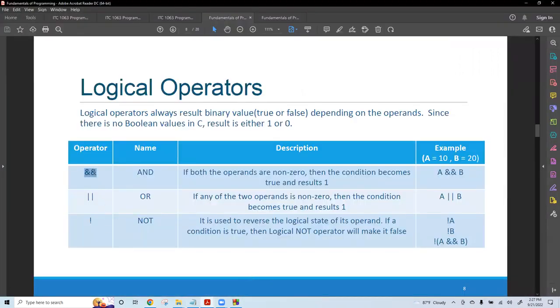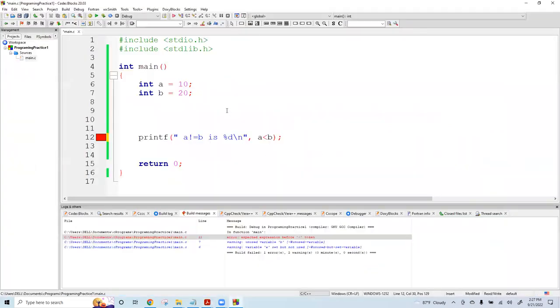So remember, double ampersand is AND. Logical operators. Right now, let me show you.